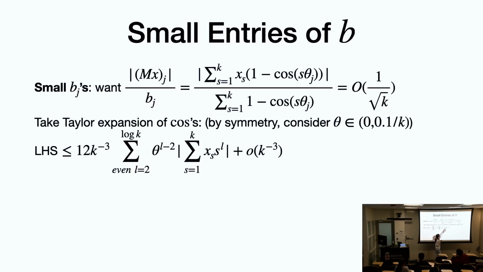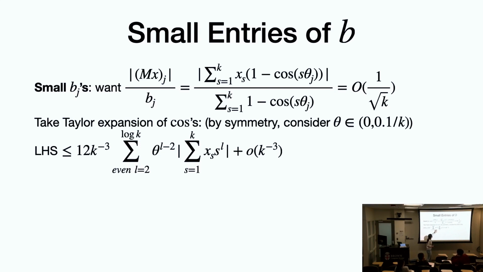Here, by the symmetry of the cosine function, we only need to look at theta j very close to 0. And here we take the Taylor expansion of this cosine function. Actually, we need about log k terms in the Taylor expansion.